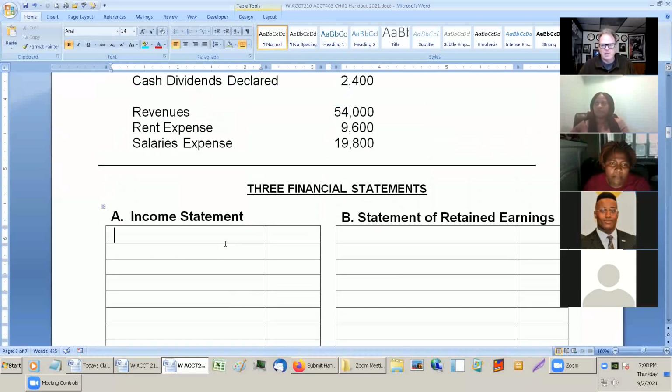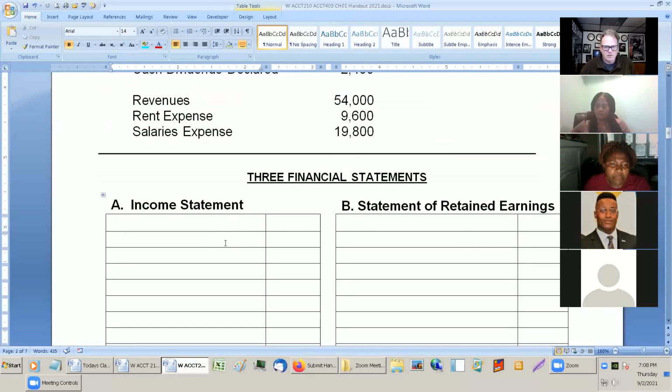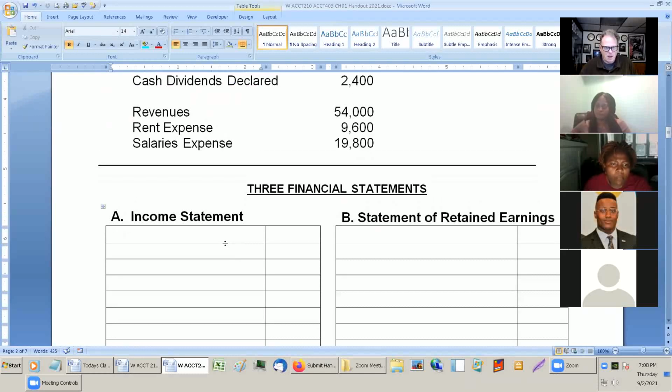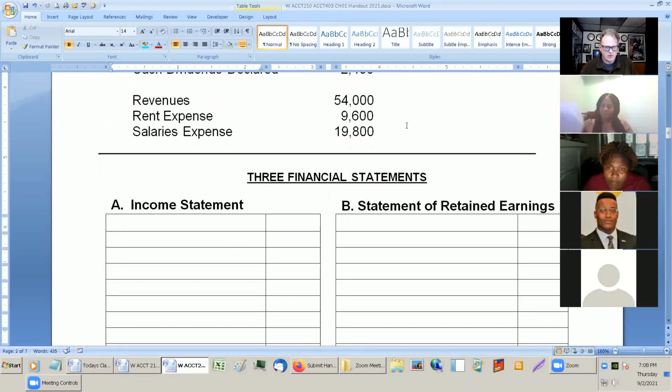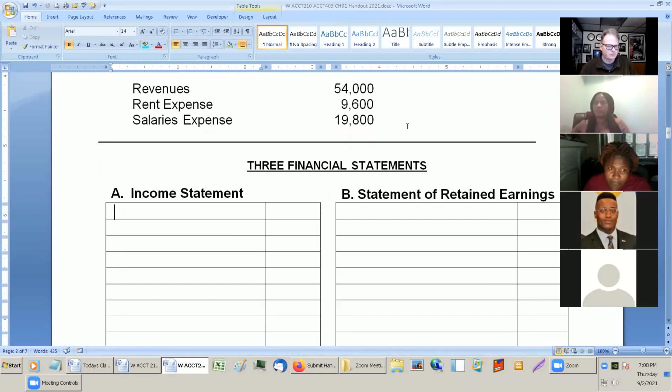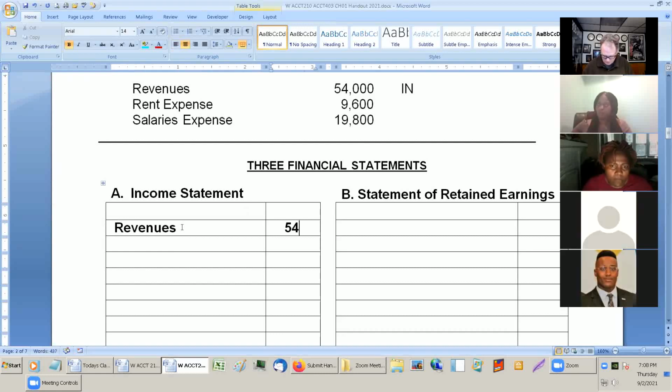So income statement. In the income statement, we compare the money coming in versus the money going out. Does anyone remember from the definitions what we call money coming in? Revenue. Yep. So this is money coming in. So we're going to put revenues down here, 54,000.